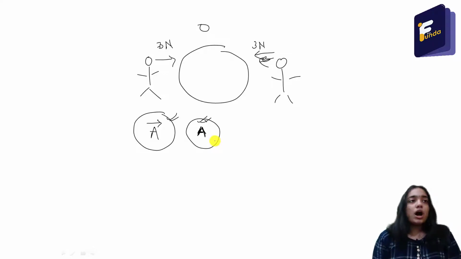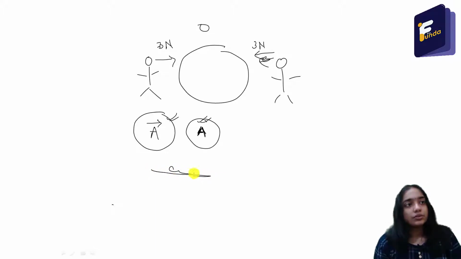Okay. So how are we going to graphically represent a vector quantity? That is very simple. We will draw an arrow, a straight line with an arrowhead. This is the representation of a vector quantity.